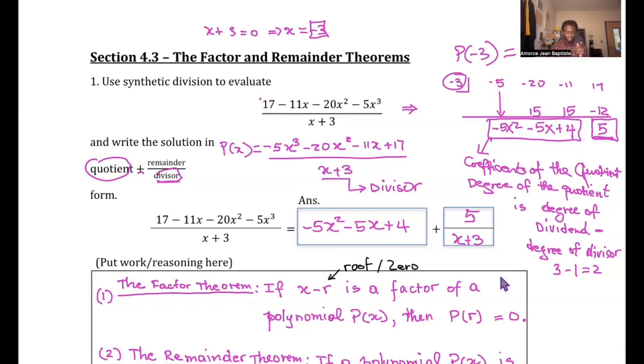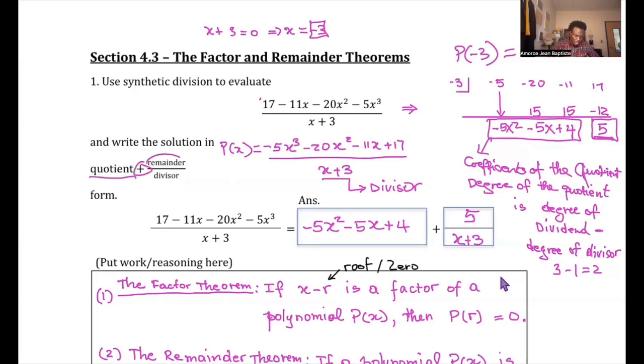You put that negative 3 in the box, then you drop down the first coefficient, multiply by the element in the box, and continue the process.